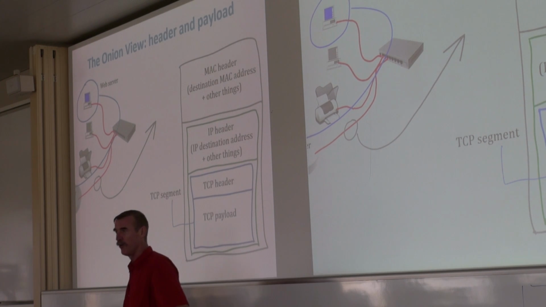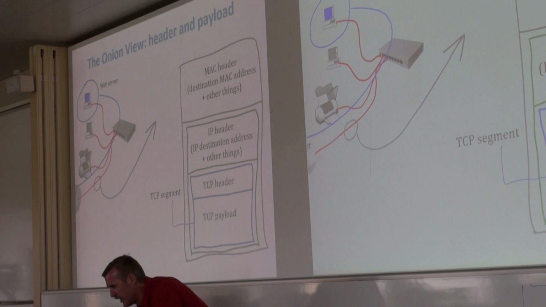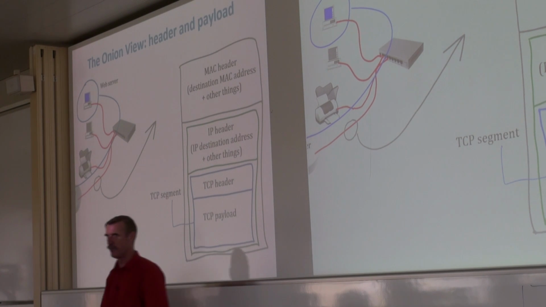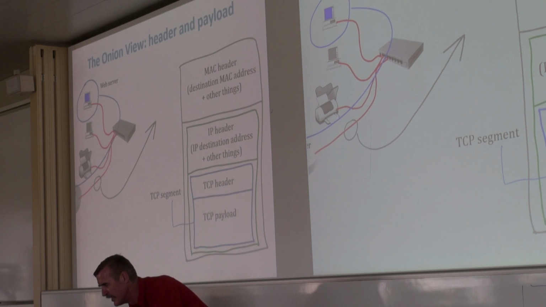TCP has its own header that is used, for example, to recognize the number of this data. TCP numbers all the packets so that it is able to know which one was lost, to be able to repeat them. We will see that in detail later. This is sometimes called the onion view, because like peeling an onion, we can see all the layers, and the higher the layer, the more inside it is.